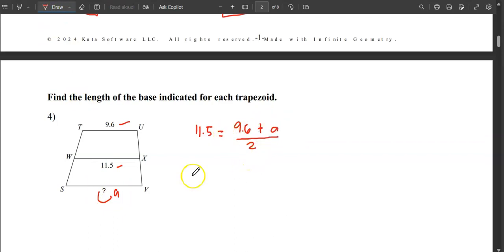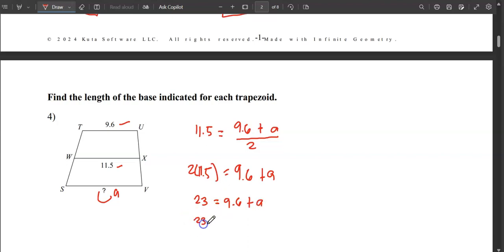And then again, cross multiply. This is 2 times 11.5 equals 9.6 plus a. So 11.5 times 2 is 23, right? 23 equals 9.6 plus a.